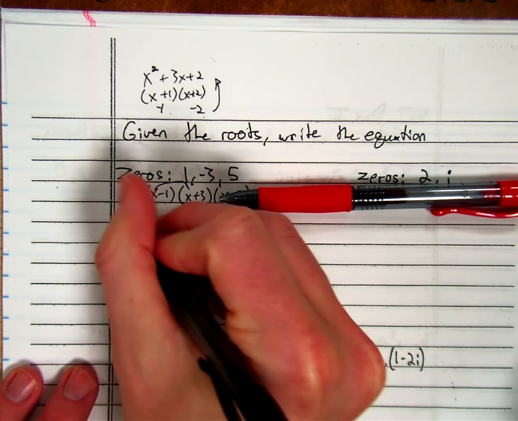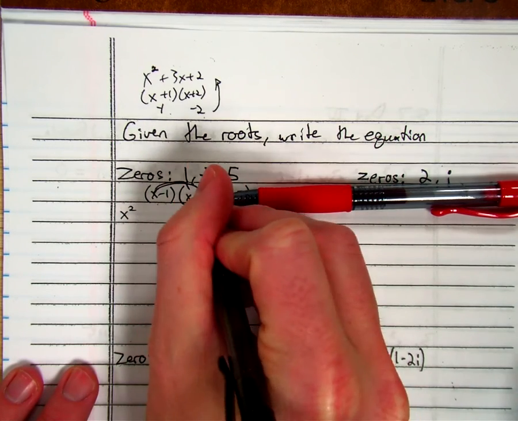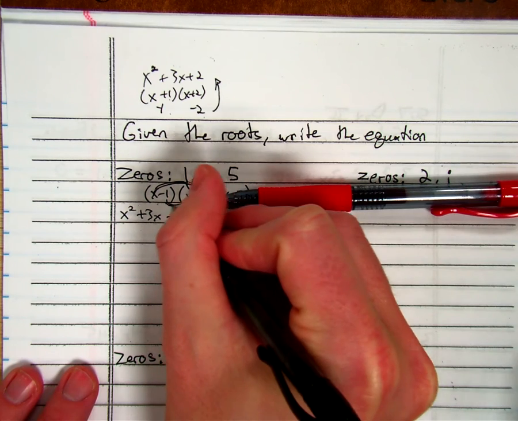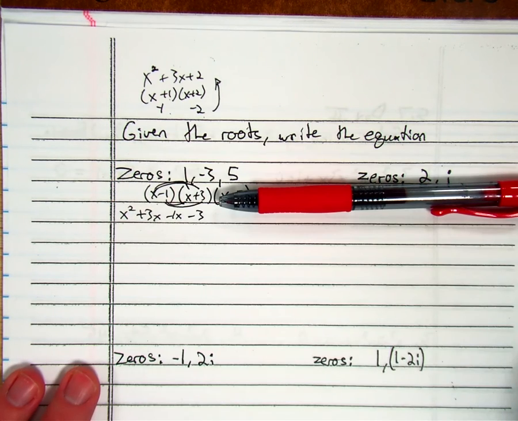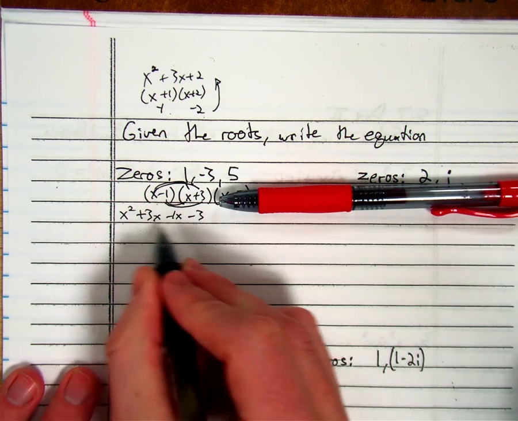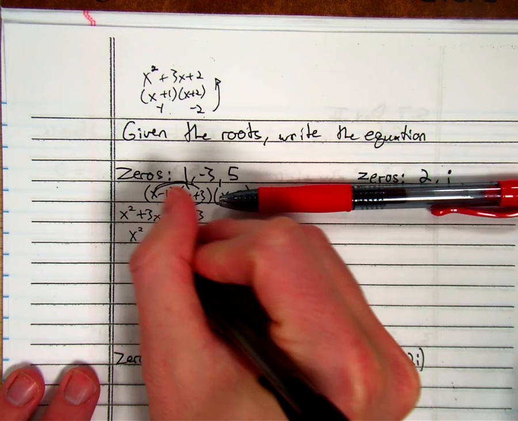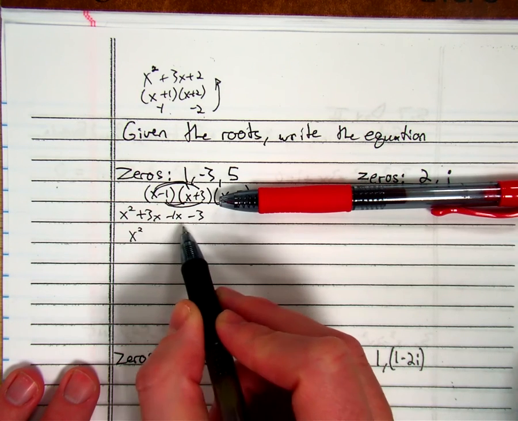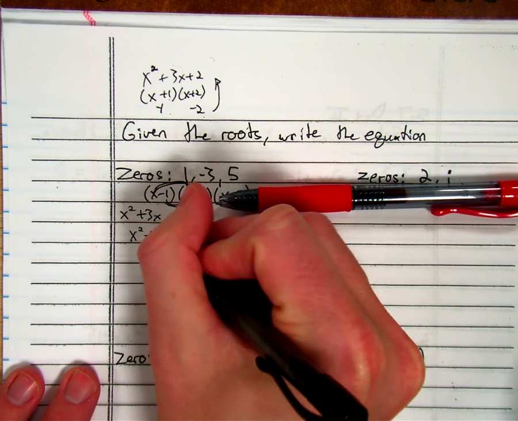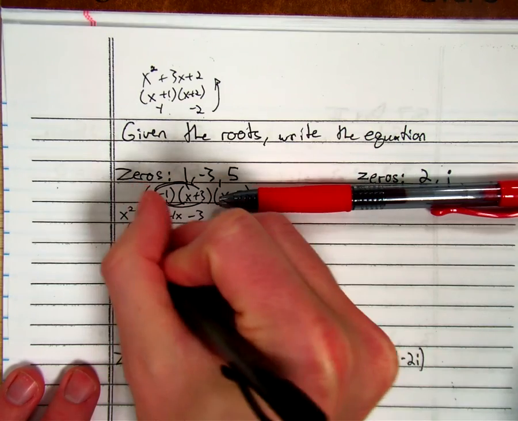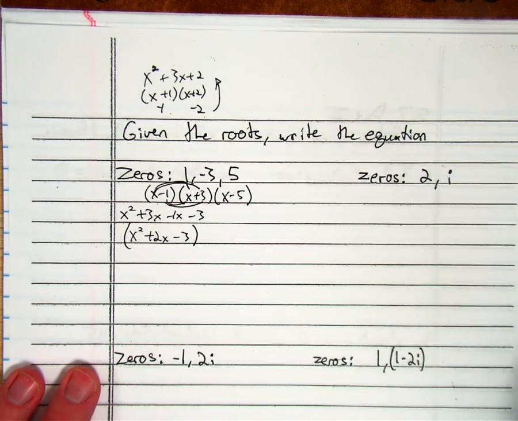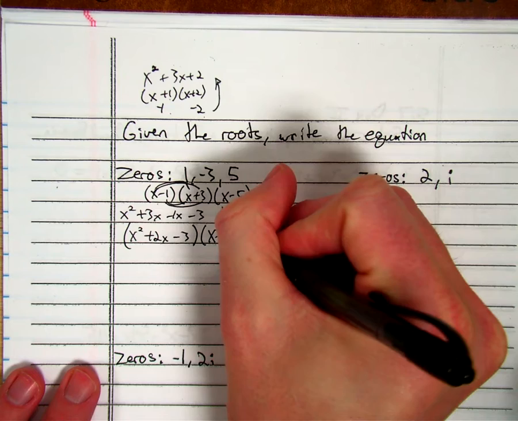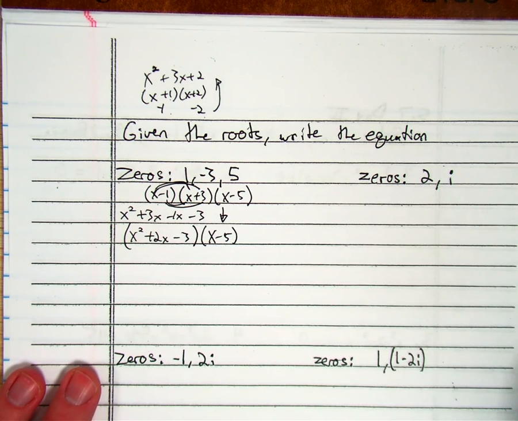x times x, we're going to get x squared plus 3x minus 1x minus 3. We'll combine our middle parts to get x squared, positive 3x and a minus 1x is going to be plus 2x minus 3. And now we're going to bring down the x minus 5 and multiply that out.